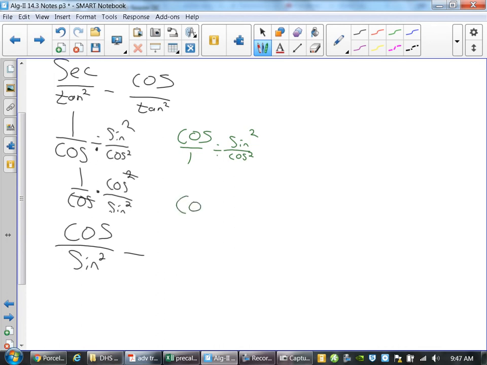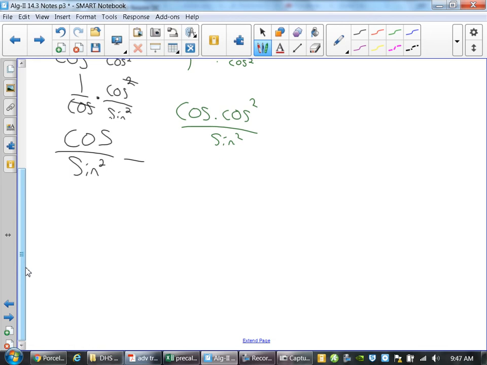I get cosine times cosine squared over sine squared, which gives me a new numerator of cosine cubed over sine squared. So far, so good? Almost. I have the same denominator now, don't I? Put them back together with the denominator.